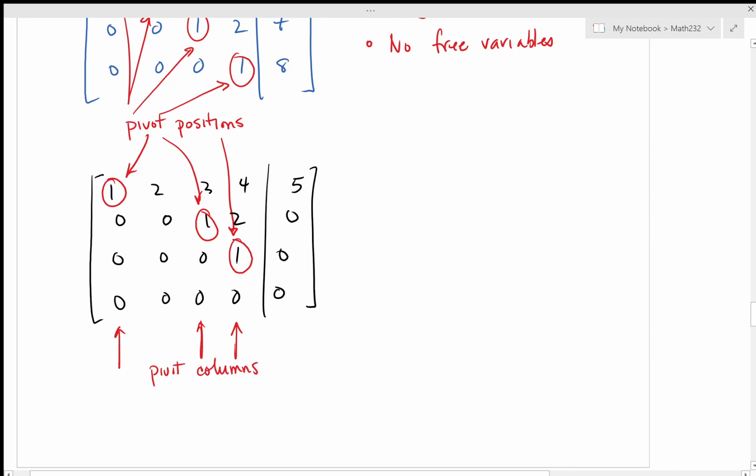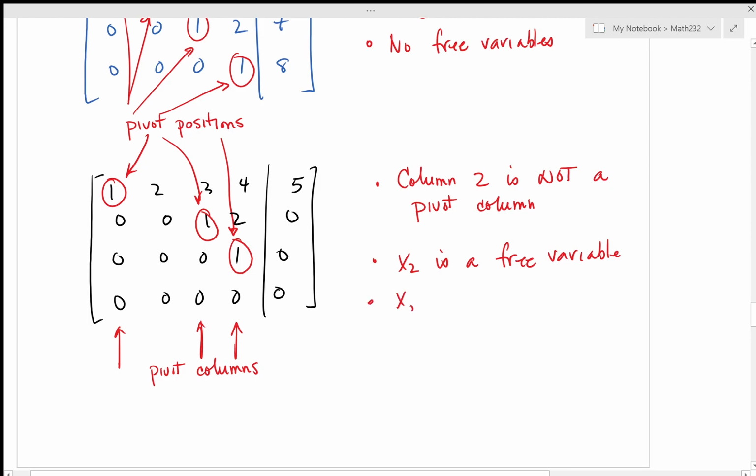And what do we know? Column 2 is not a pivot column, and so that's telling us that x2 is a free variable. And by process of elimination, x1, x3, and x4 are leading variables.